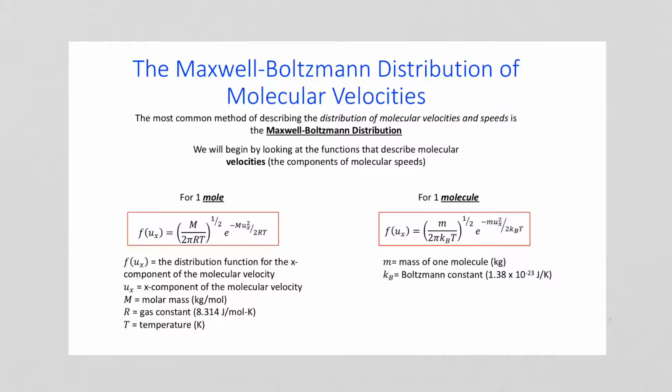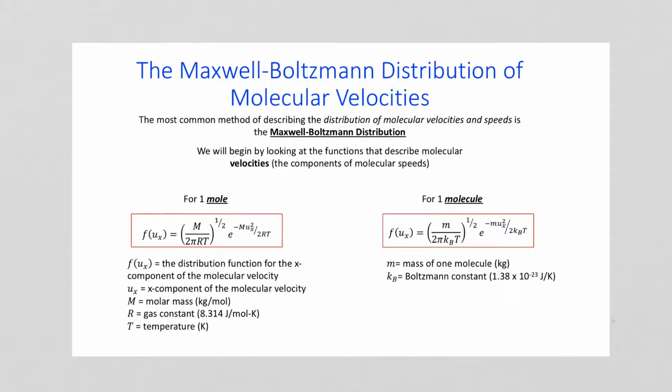Just to remind you, you'll work with this a bit in your homework. So our big R is related to our Boltzmann constant k_B by Avogadro's number.